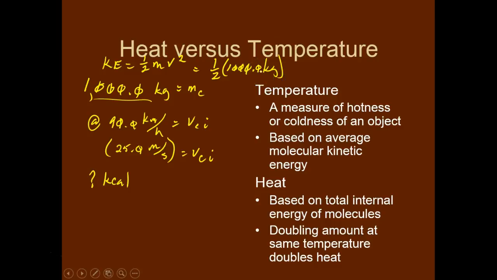And then what was its velocity initially? It's in kilometers per hour, but let's use the SI unit, which is 25.0 meters per second, squared. Now that's going to be a big number. But first thing I'm going to do, half of 1,000 is what? 500 kilograms.